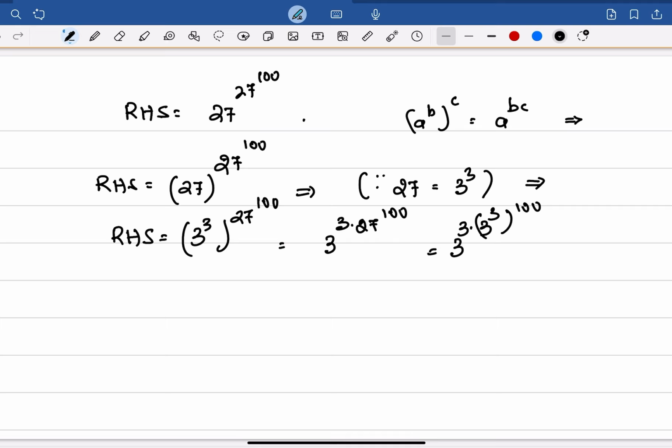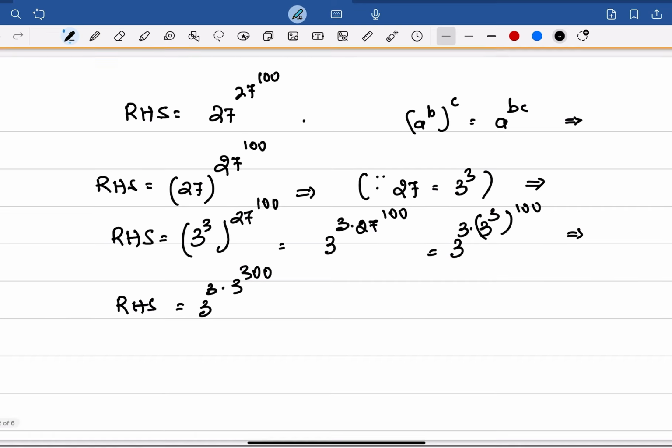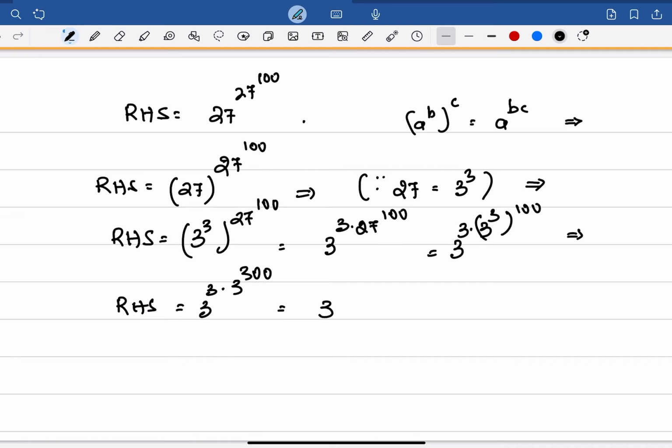This implies the RHS is equal to 3 to the power of 3 into 3 to the power of 300, because 3 into 100 is 300. Now a to the power of b into a to the power of c is equal to a to the power of b plus c.